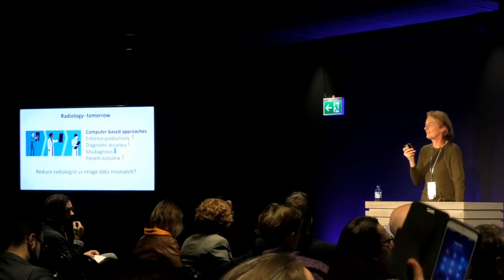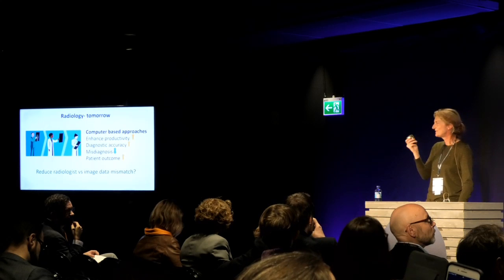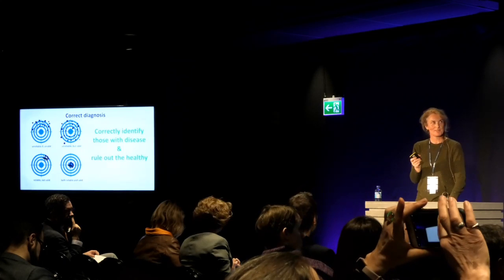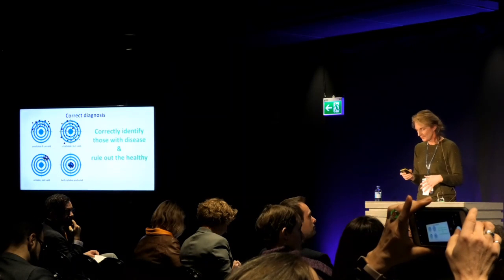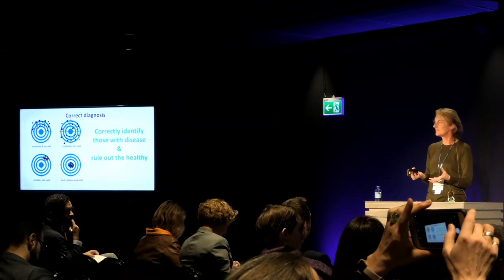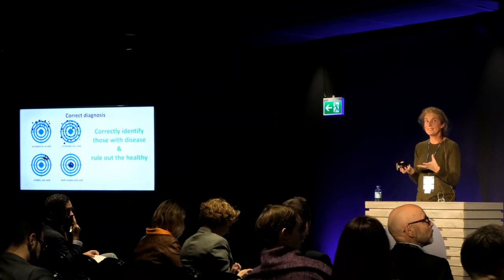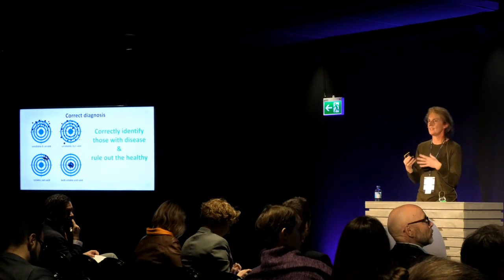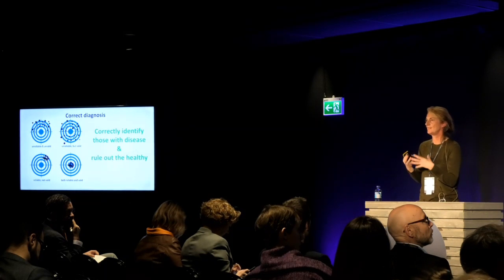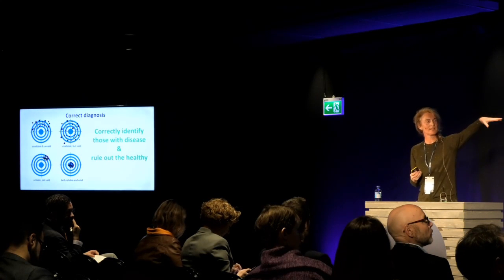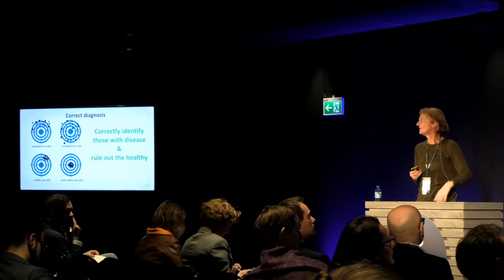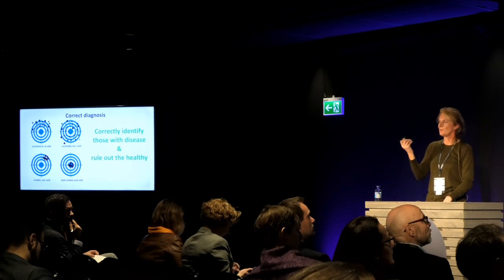Well, I guess I need to say that it remains to be proven that we're going to be able to do all of these, because we want humans, the radiologists, and we want machines to be accurate. We want them, each time they're assessing an image, to assess it in the same way. So it's kind of like at the bottom there with all the dots together, but we also want them to hit the bullseye every time.